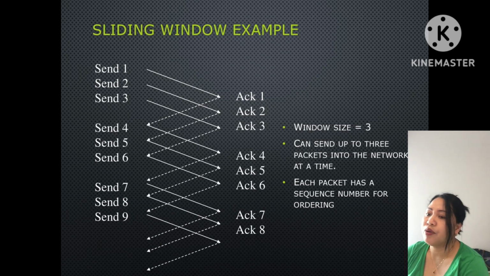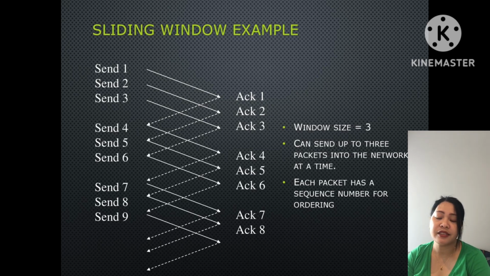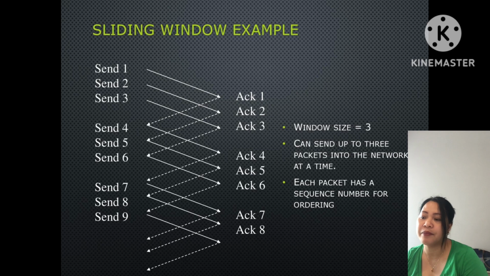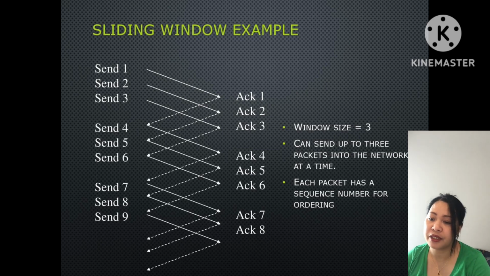Sliding window example: send 1, send 2, send 3, then ack 1 and send 4, and so on through send 9 and ack 8. Window size equals 3, so you can send up to 3 packets into the network at a time. Each packet has a sequence number for ordering.